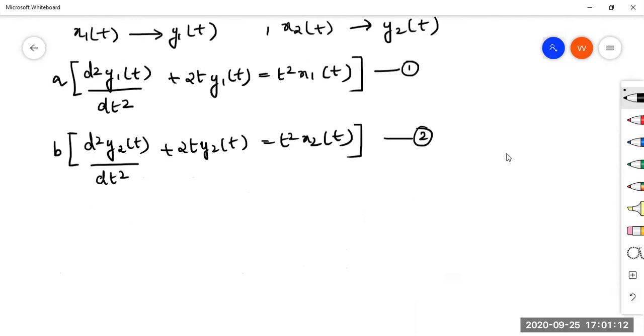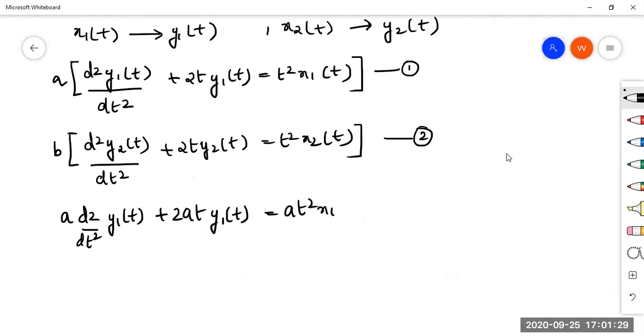The first equation is a d square by dt square y1 of t plus 2at y1 of t is equal to a t square x1 of t.